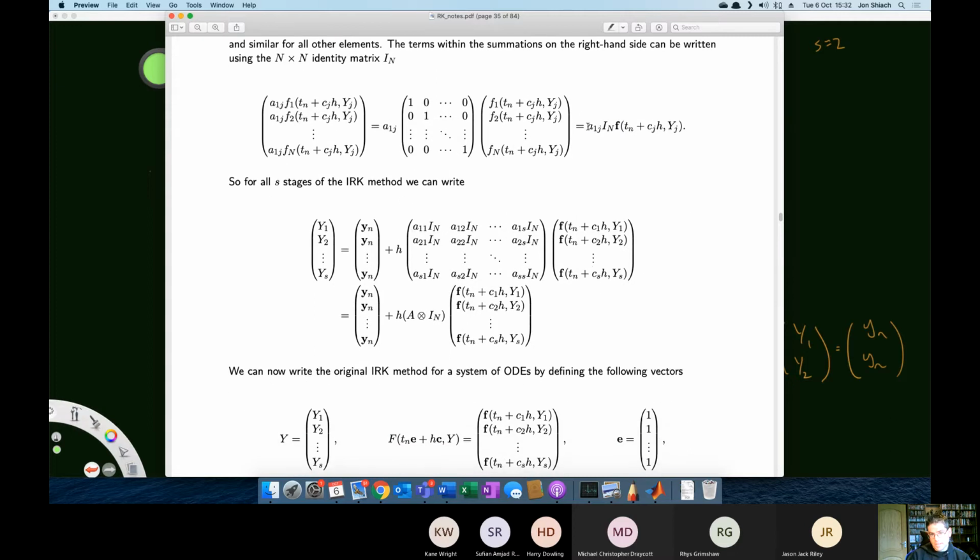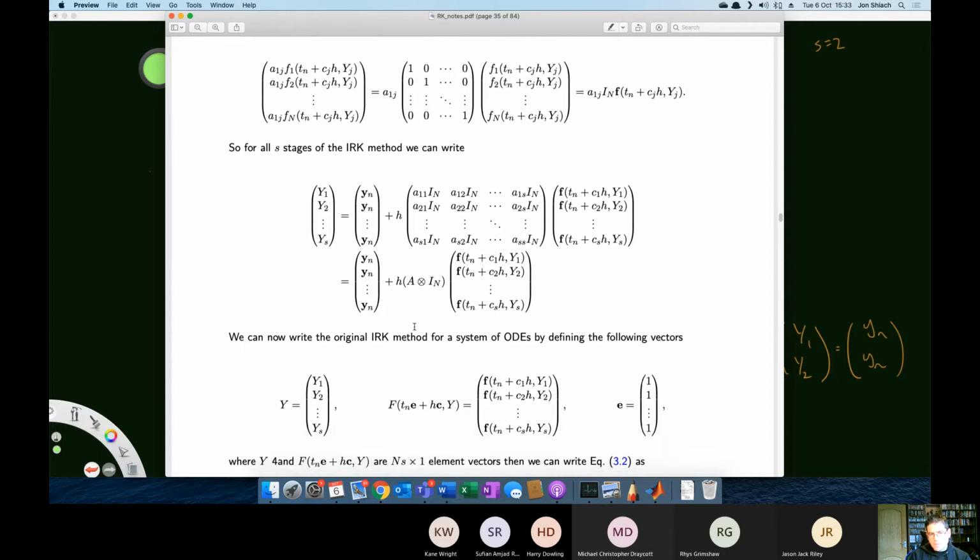So this is A times IN. All of these INs are n by n identity matrices within this whole matrix here. So that's where that tensor product comes in: the tensor product of A and IN, the n by n identity matrix.